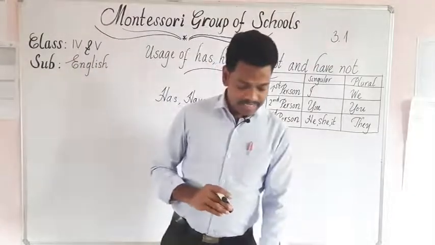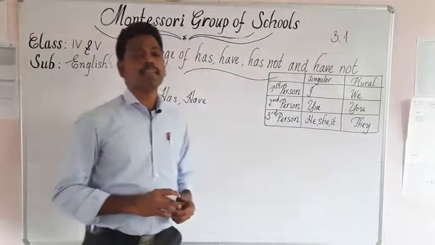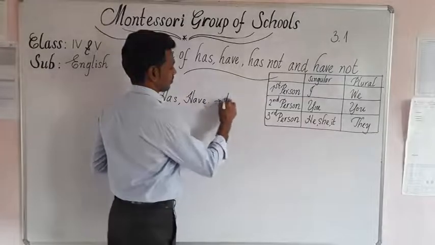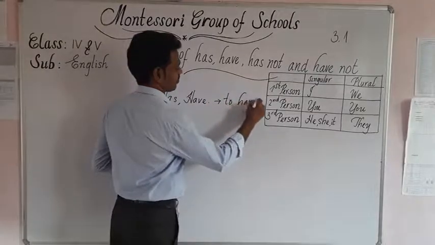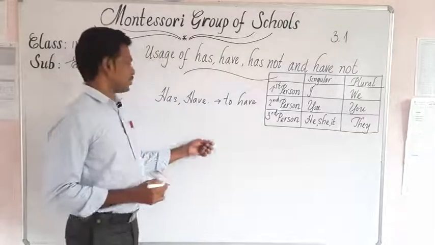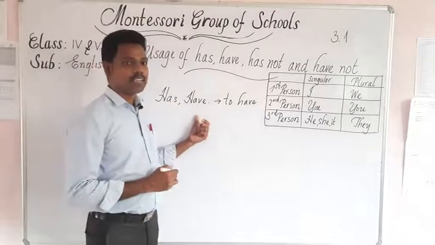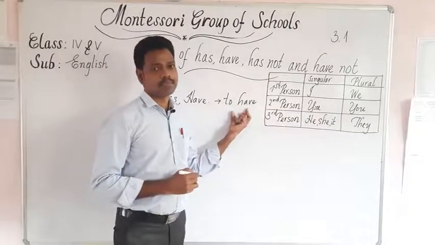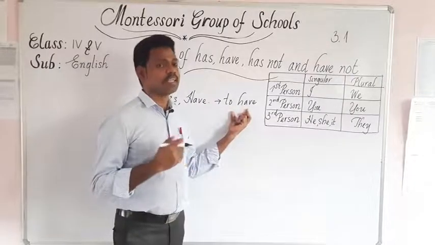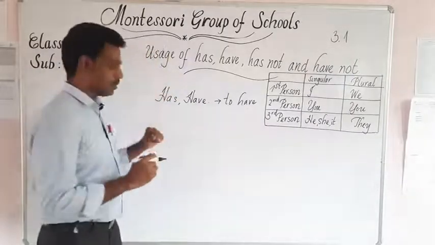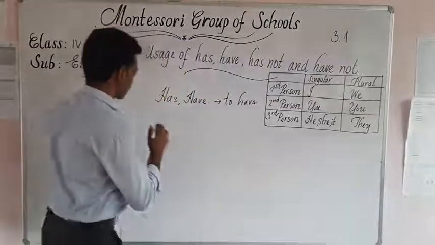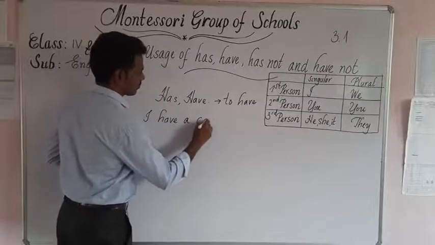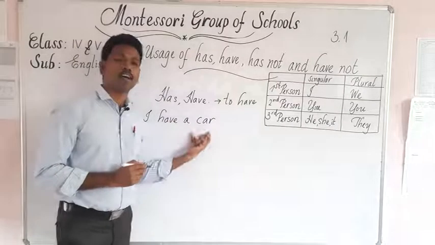So, has and have are the different verb forms of to have. In other words, for example, I have a car.